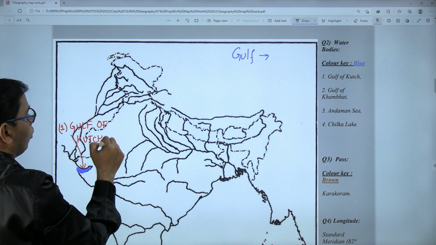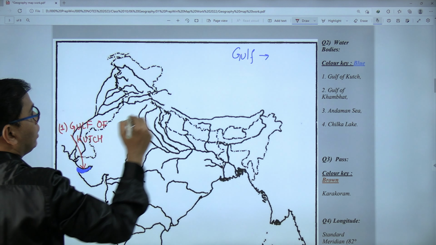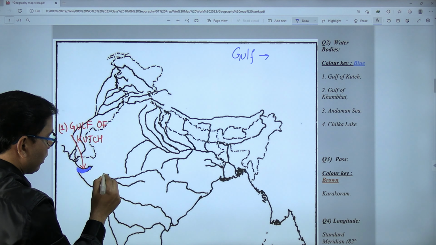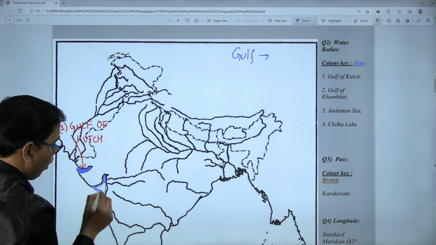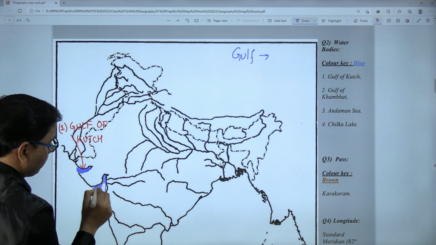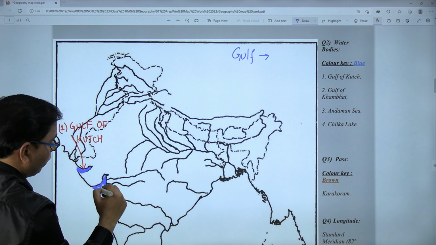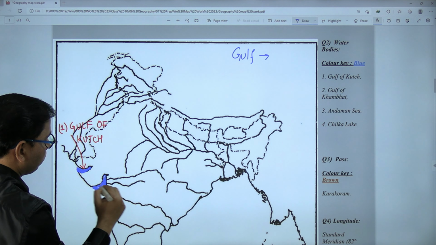Now we will move on to mark Gulf of Khambhat. So come here, again we have the same kind of region, a water body surrounded by land on three sides. So this region is Gulf of Khambhat. The color key is blue.